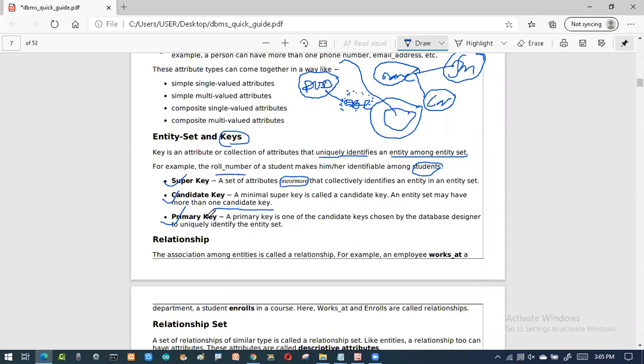Now, very important, we always deal with the primary key. When I'm talking about the primary key, you should understand that it is not null.